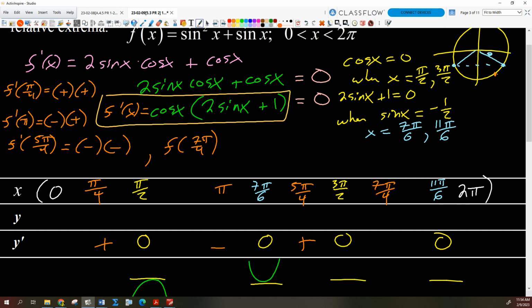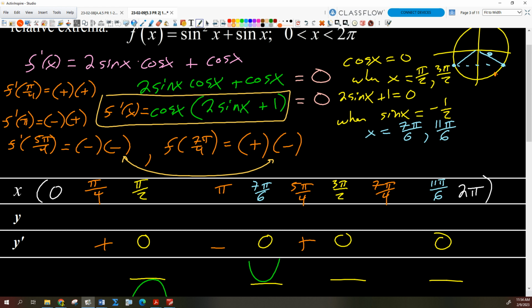Okay, and then finally 7/4 pi. 7/4 pi is in quadrant 4, where sine is negative, cosine is positive. So we're going to get positive, and then the sine of 7/4 pi is the same as the sine of 5/4 pi, negative square root of 2 over 2. So I know I'm going to get negative there just like I did there.